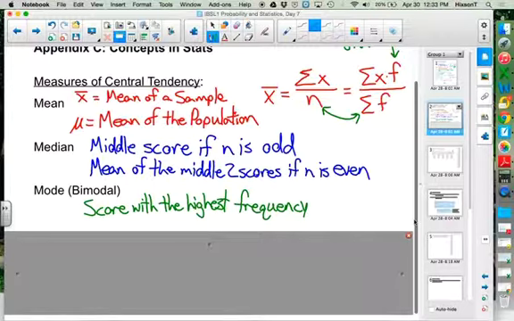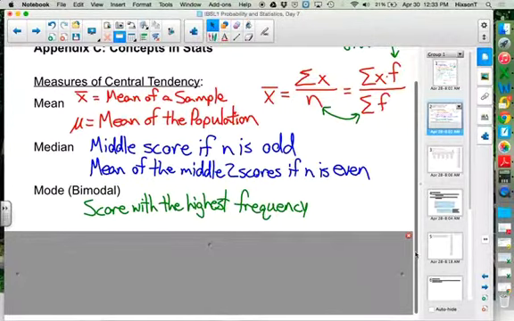The mode is kind of like measuring the central tendency by popularity. You know, which one is the most popular? Which one occurs the most? That's the kind of central tendency we're talking about. So each one measures a center of our data, just in a different way.